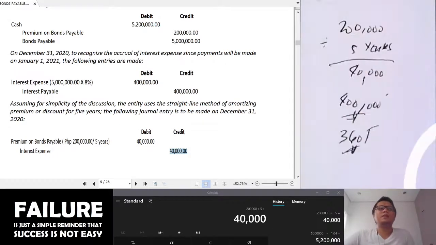Now remember that, because interest paid is different from your interest expense when it comes to a bond issue, especially if there is a premium. Now, if there is no premium or discount, obviously interest expense is based on your interest payment, which is based on the nominal rate. So, that is clear.